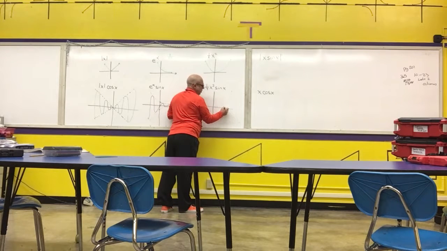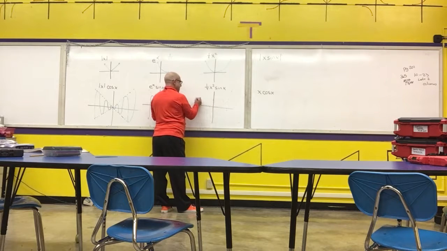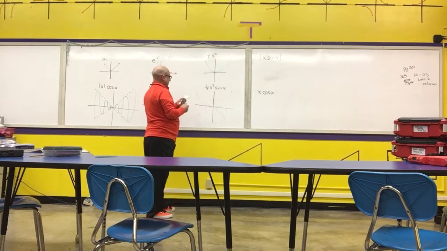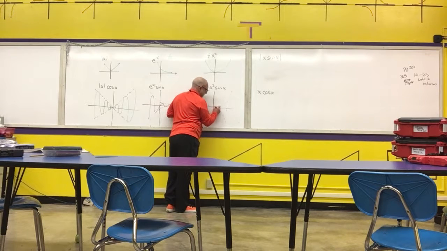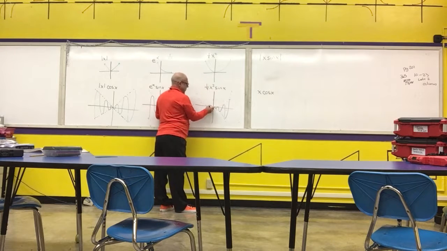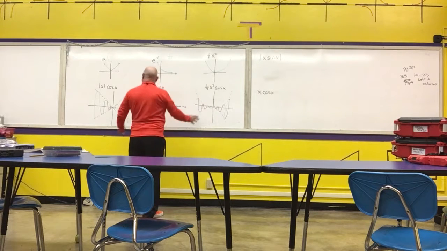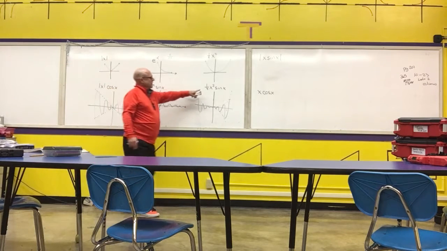So at 4, I'm at 1. And make sure to dot it upside down also. Sine starts at 0 going up. So again, I end up with a curve that looks similar to this one. It just has a different scaling factor here.